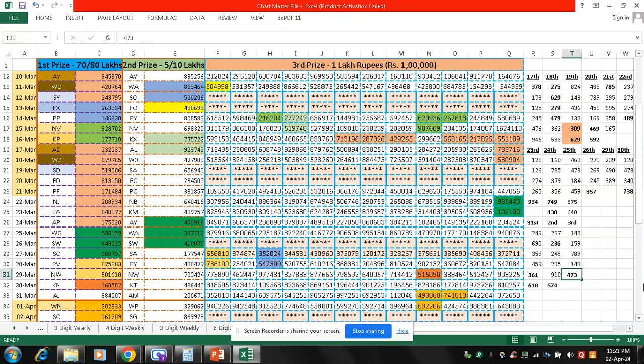Moving on to the first digit prize here, you see the game that passed as a third prize on the 31st came on the 1st of April. The first prize came, so 3 and 8 came as 8 and 3.